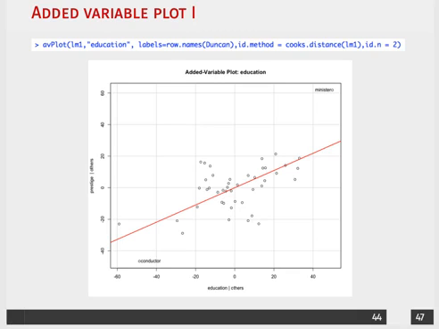Here what we're telling it is what the added variable we want is. So again, conditional on leaving education out and then including it, and then looking at the partial effect, we can see that there is a linear relationship, so that's positive here.